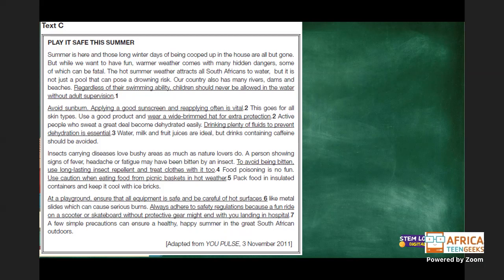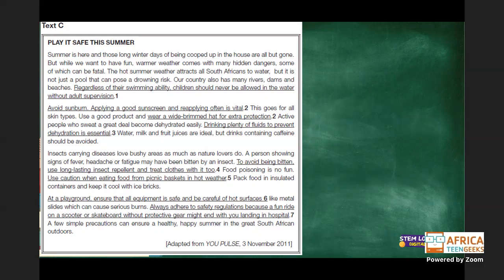Next paragraph. Insects carrying diseases love bushy areas as much as nature lovers do. A person showing signs of fever, headache, or fatigue may have been bitten by an insect. To avoid being bitten, use long-lasting insect repellent and treat clothes with it too.